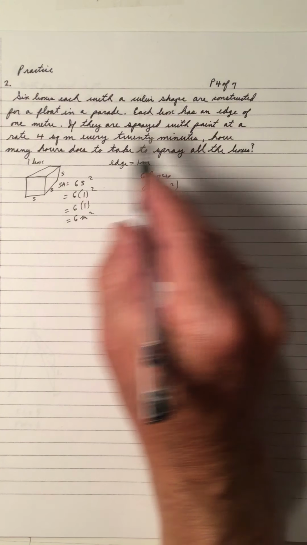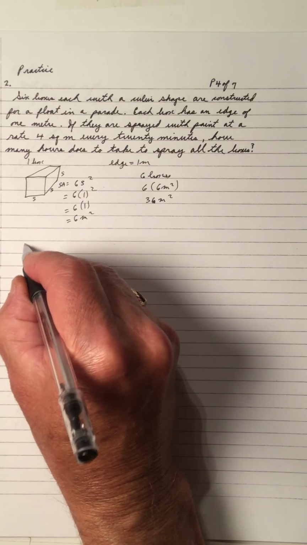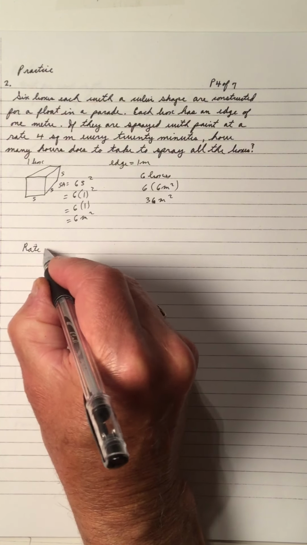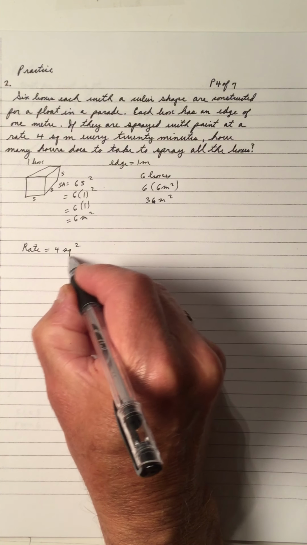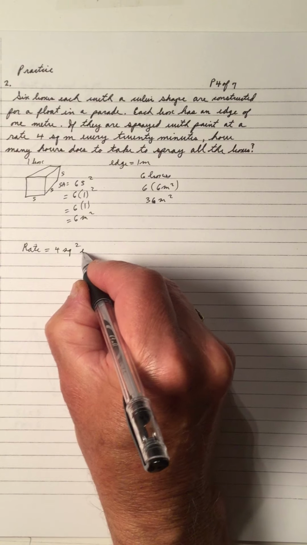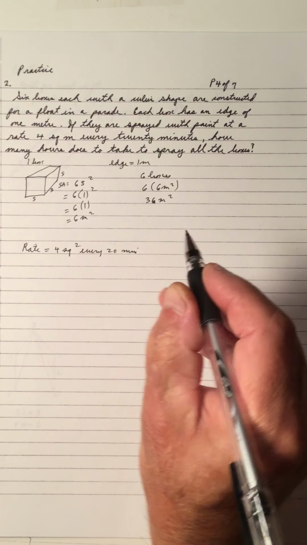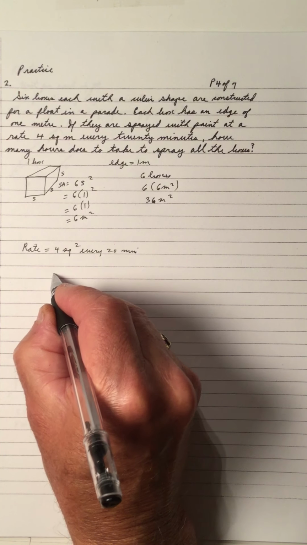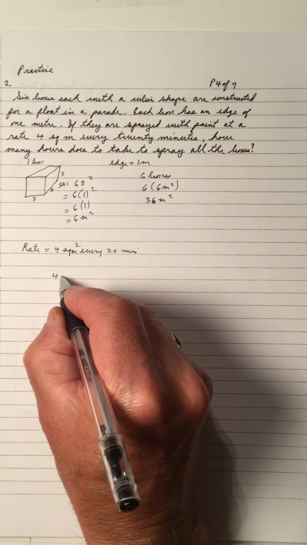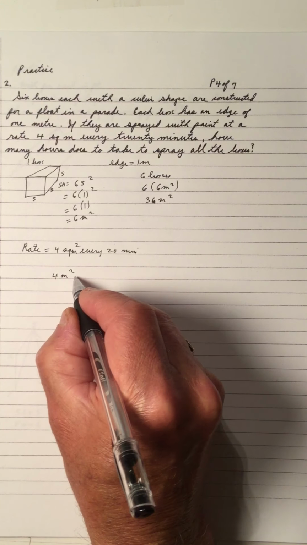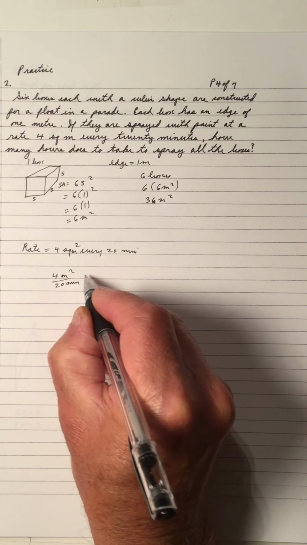Now, let's see. We're spraying them at a rate of 4 square meters every 20 minutes. So let's write it down as 4 square meters every 20 minutes.